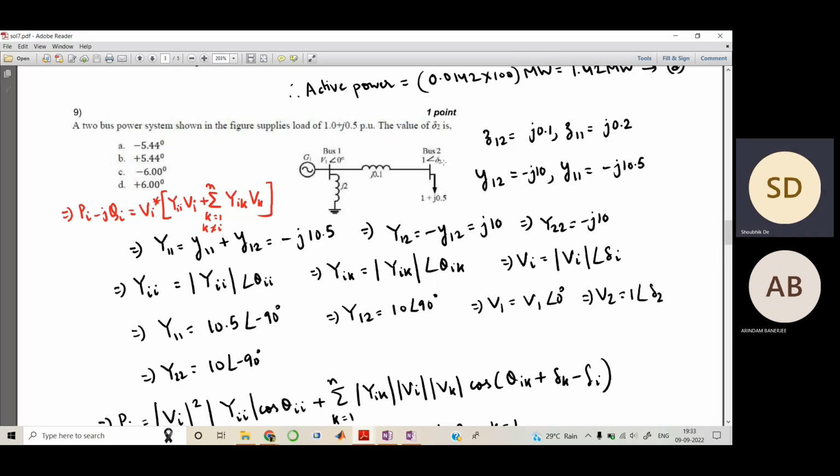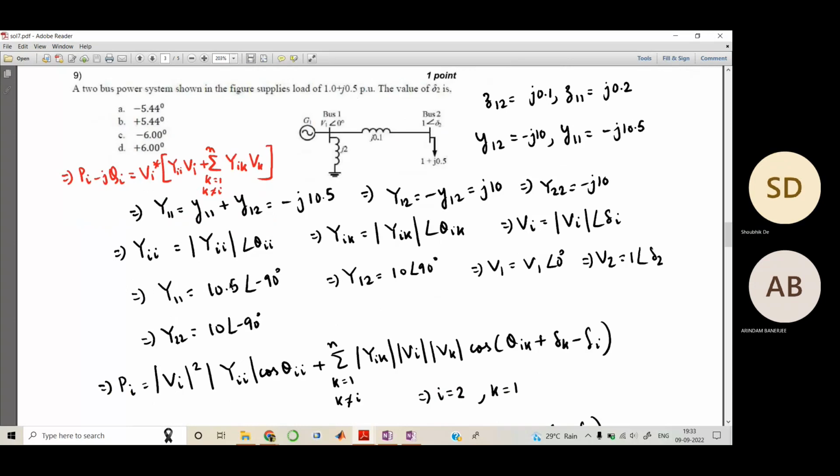Since delta 2 is the load angle at bus 2, we will be looking at bus 2 itself. So this is the formula, and mind you, the notation is Pi minus jQi. If you go through the lectures, there is a formula for this.